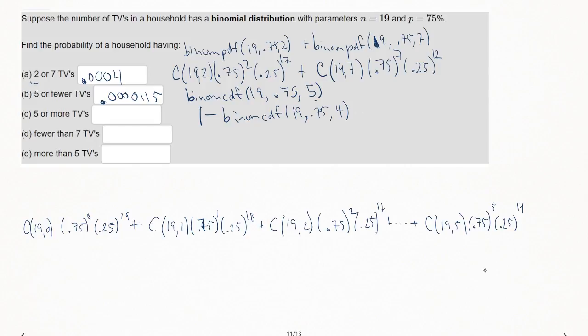So let's see what happens. We'll go 1 minus binom CDF of 19, 0.75, and 4. And on this one, we're going to need a lot of decimals in order to display it. There's 5 nines, and I'll just write it all out: 8, 7, 5, 6, 8.